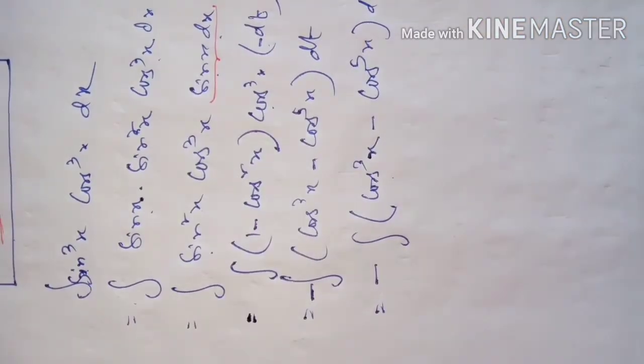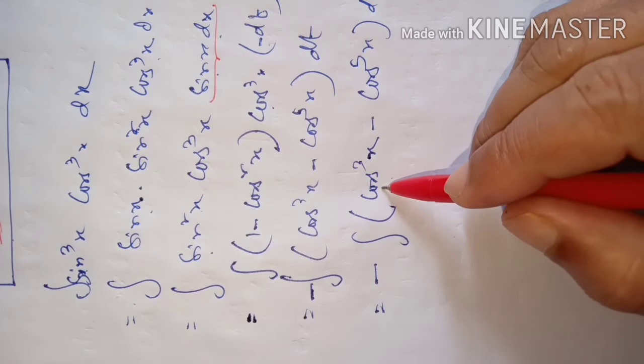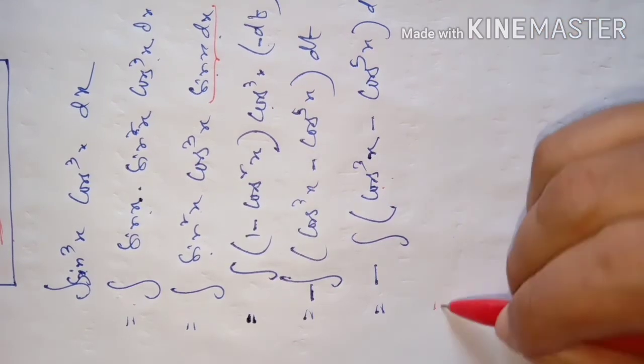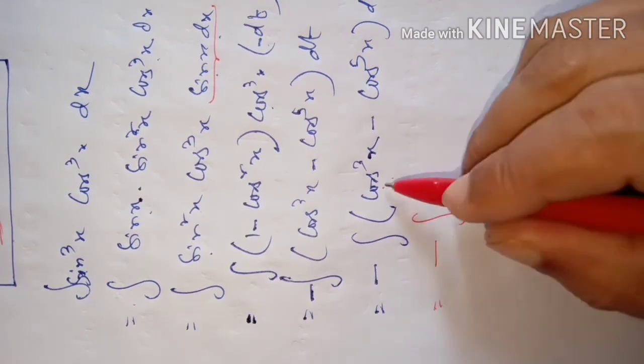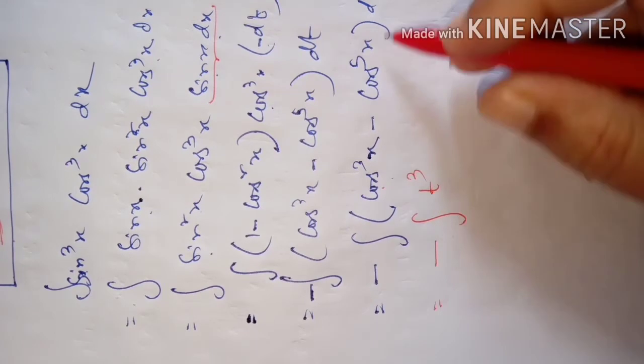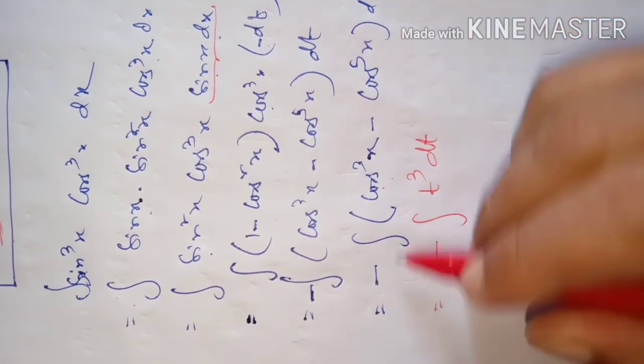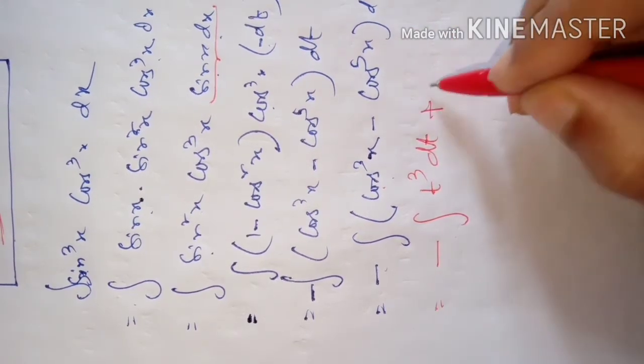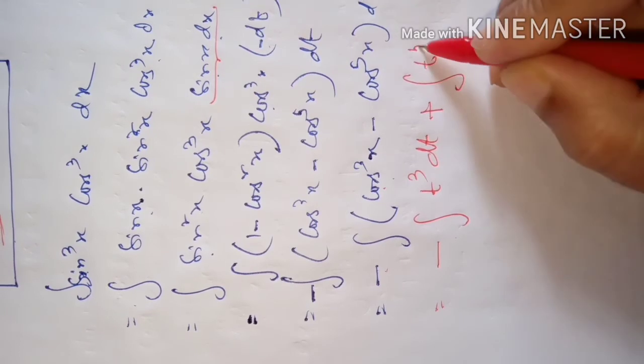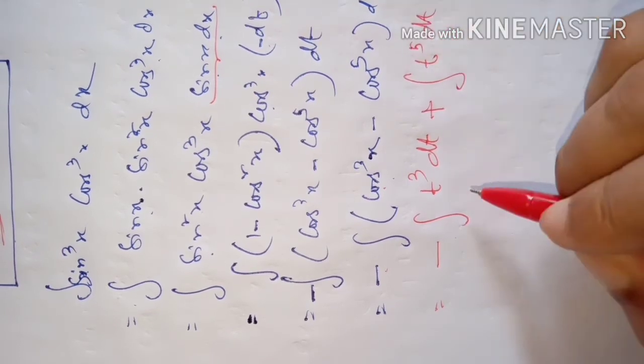Now you can change cos cube x to t cube, because cos x is t. So you can write it as minus integration of t cube dt, minus minus plus integration of t to the power of 5 dt.